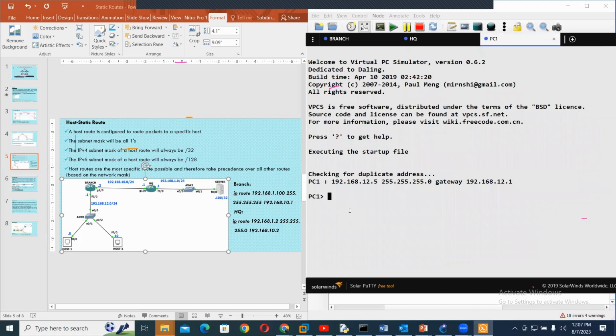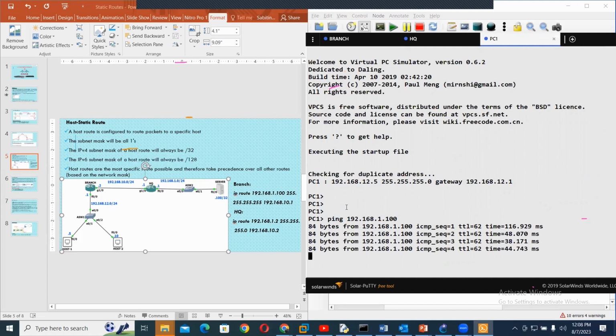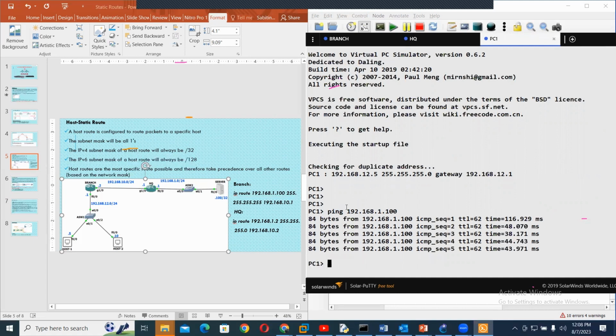Let's try to ping the server, ping 192.168.1.100. As you can see, we can access the server because we have configured the route to the specific server. If you want to be specific to a particular host, you can just configure the route to that specific host.